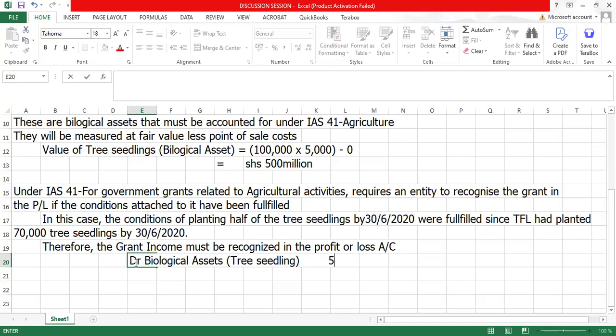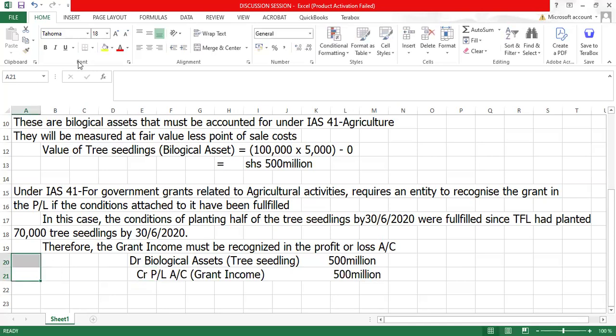Then we credit the PL account, that is grant income, because the conditions have been met.